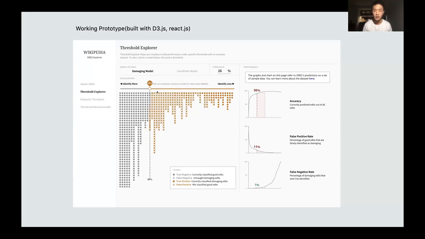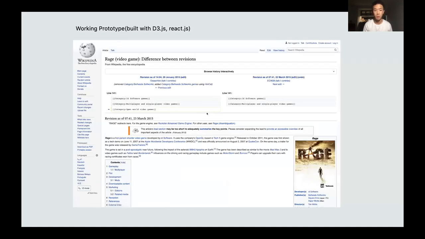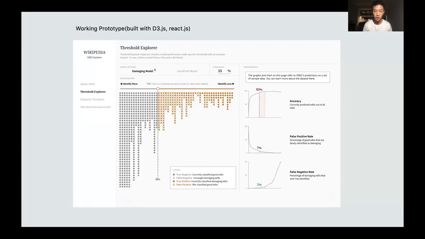And also from the dot map, they can get a sense of the impact of the threshold that they are selecting. They can also choose a particular data point and try to understand what the revisions are there, and take a deeper look at the particular edits.